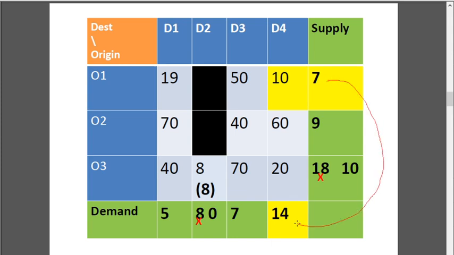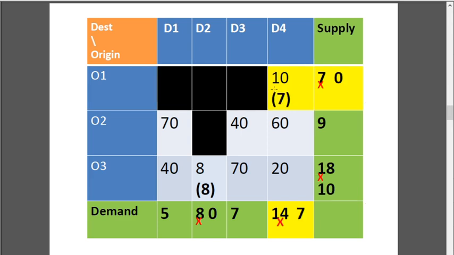So from 7, I can allocate the supply and satisfy the demand for only 7 units. I cannot give 14 units now. So the 7 units have been given. Therefore, the supply becomes 0 and the demand becomes 14 minus 7 equals 7. Since the supply is 0, you can delete the remaining cells in that respective row.